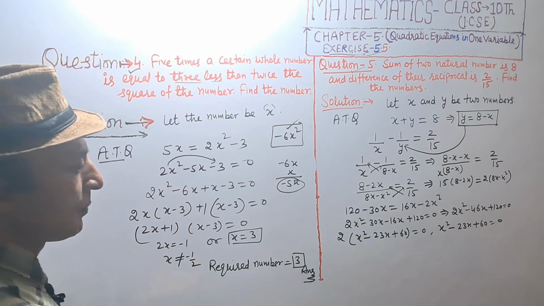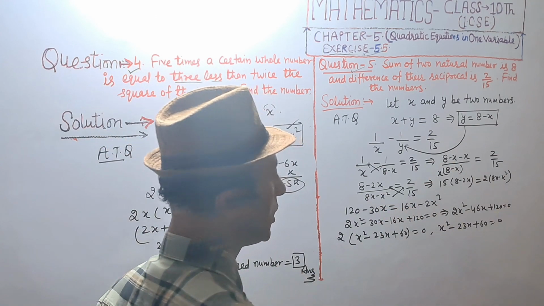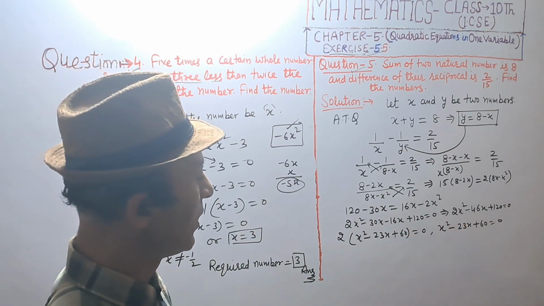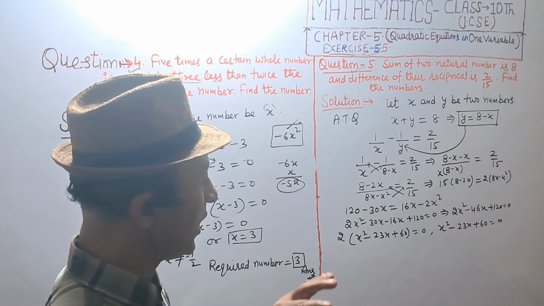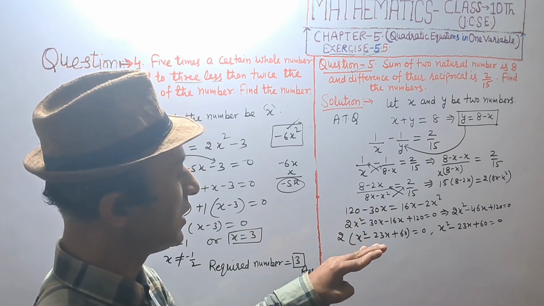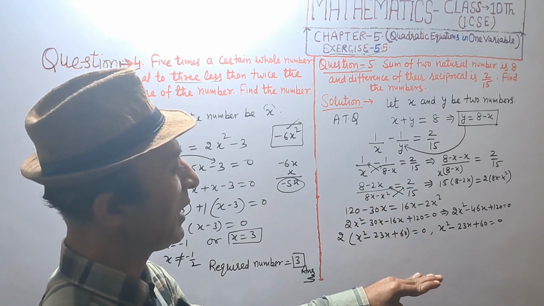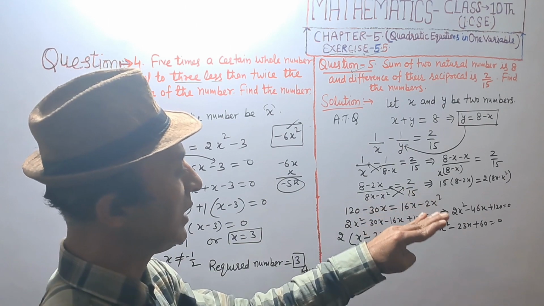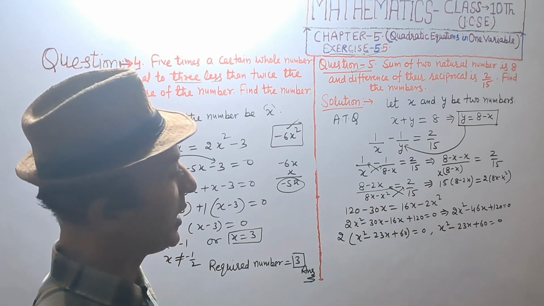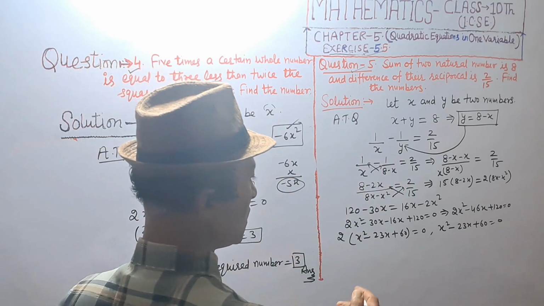Splitting the middle term, product of first and last is equal to 60x square, and we are taking two numbers, that is 20x and 3x. Sum of 20x and 3x equal to minus 23x, and their product will be 60x square.